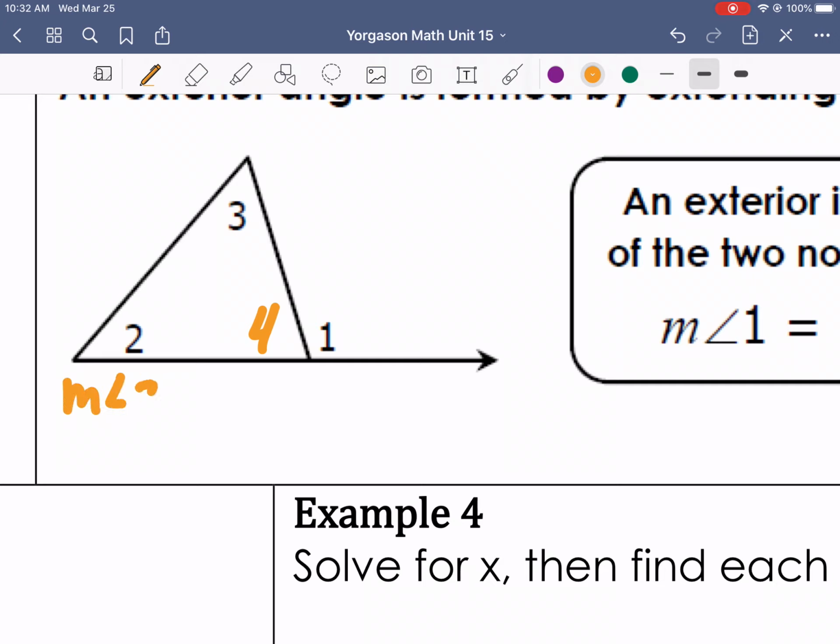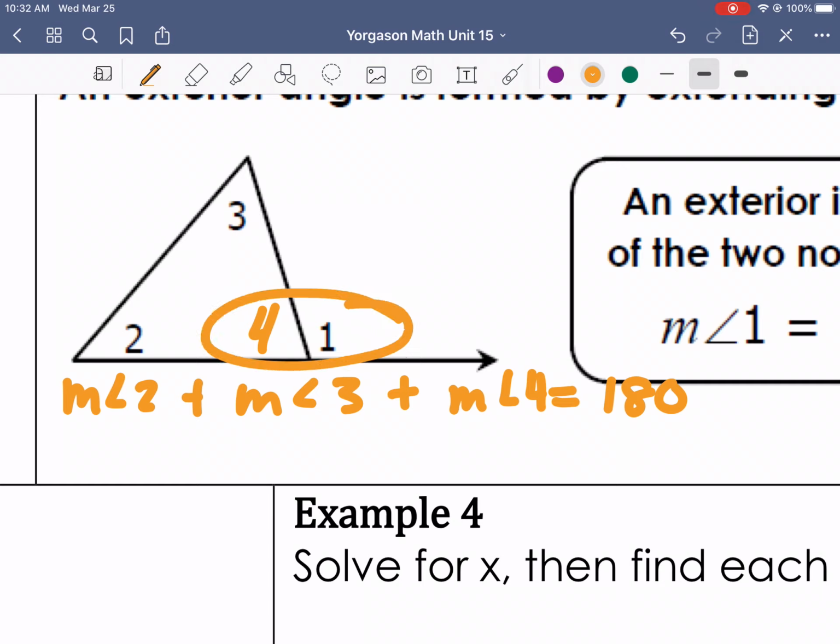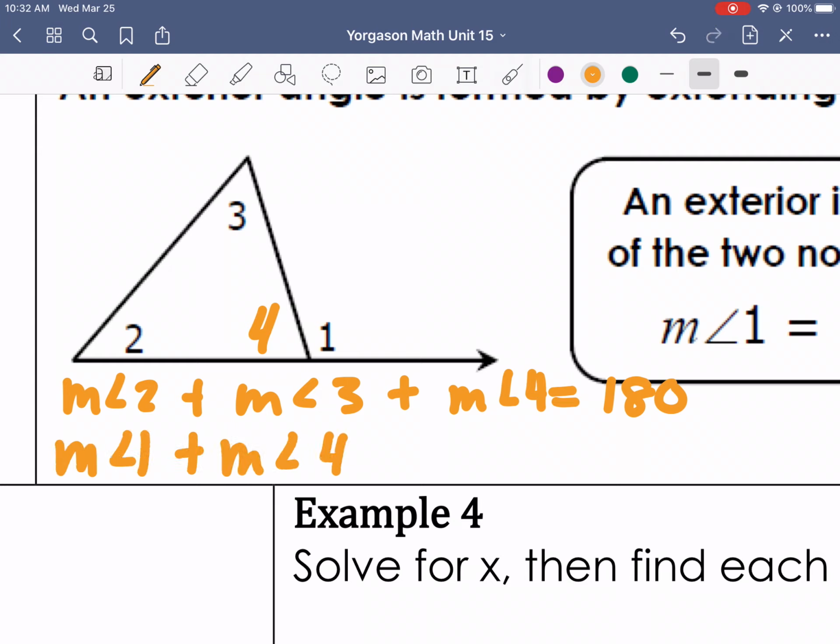Measure of angle 2 plus measure of angle 3 plus measure of angle 4 should equal 180 degrees. I also know that these two form a linear pair, right? They make a straight line. So if I add the measures of angles 1 and 4, a linear pair is also 180 degrees.